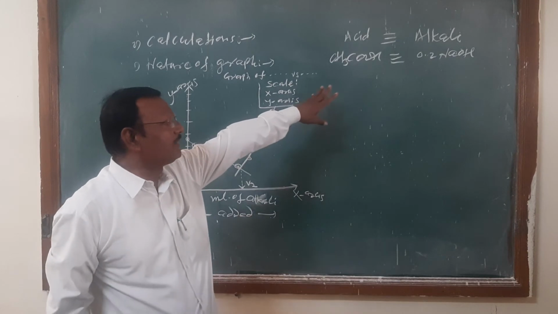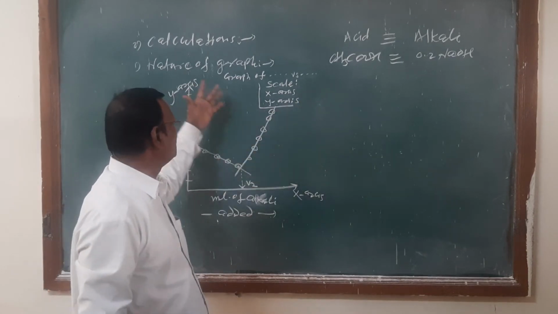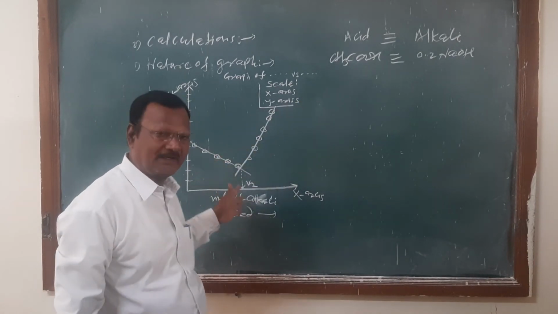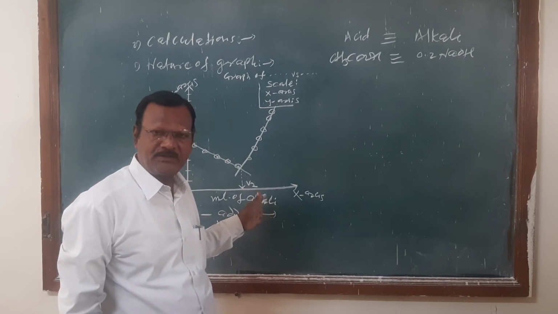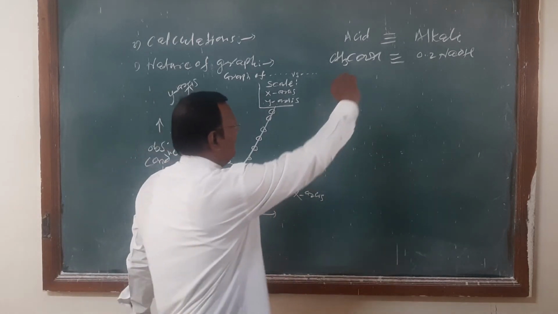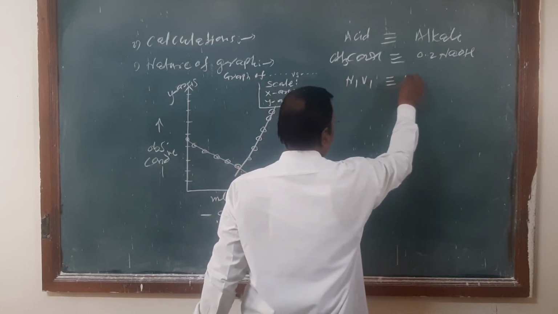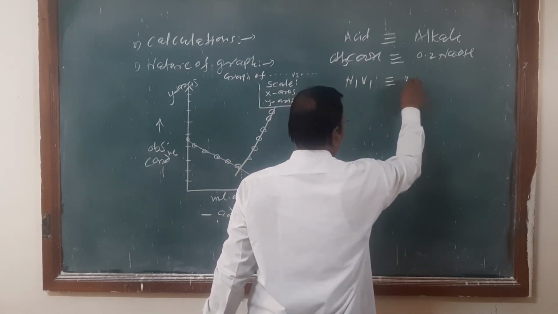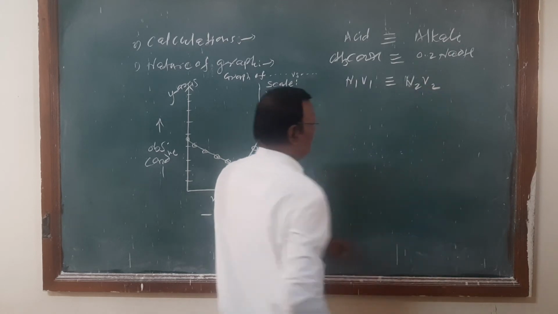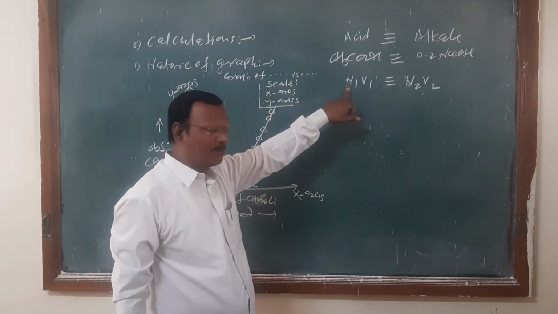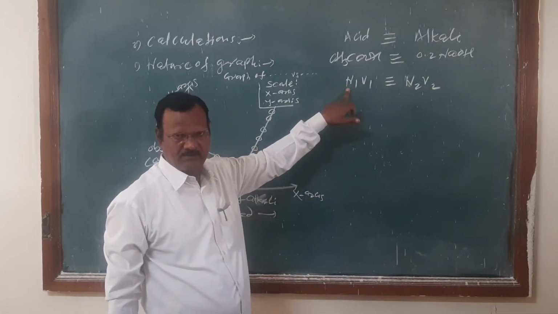Between those we have to carry out the titration, and we will obtain one particular point, that is the end point of this titration, isn't it? That is P2, or the equivalence point. We use N1 P1 corresponding to N2 P2. Here N1 is the normality of the acid, which we have to find out.